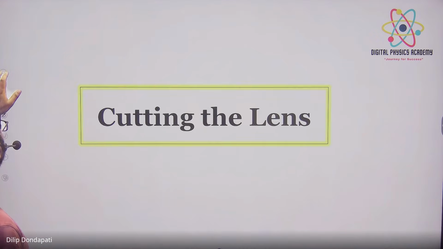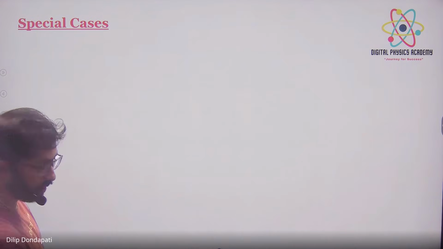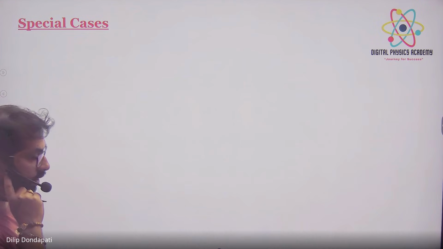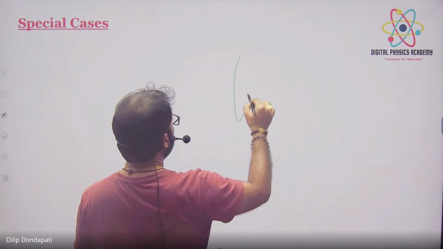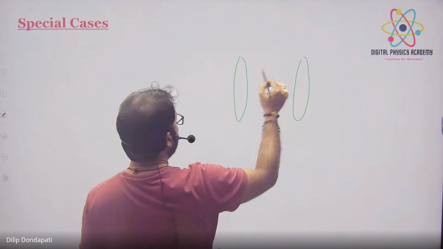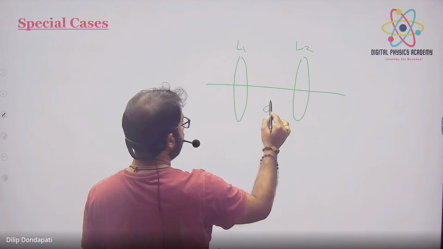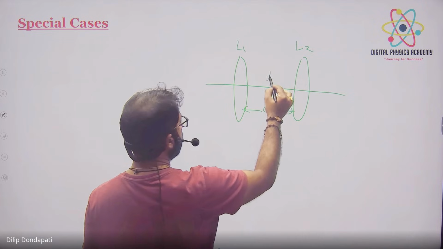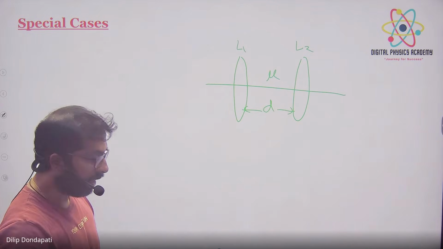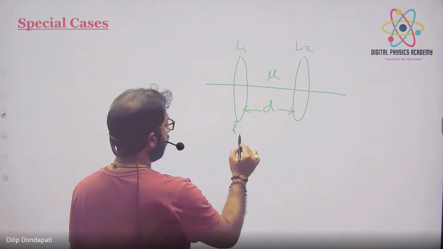Suppose मान लो special case is there where two thin lenses are separated by distance d. लिखो. Two thin lenses separated by distance d. So they are not in contact. L1, L2 separated by distance d, and इसका refractive index is mu. In that case इसका focal length is f1, इसका focal length is f2.